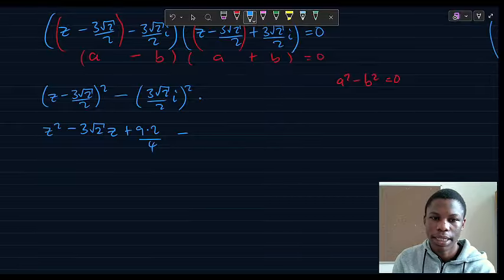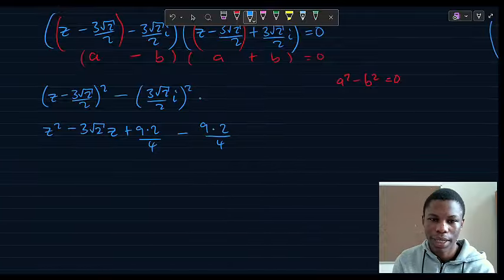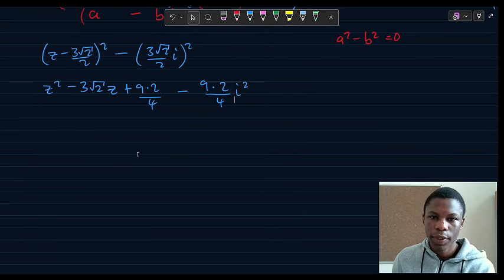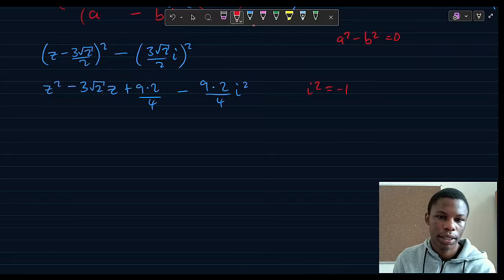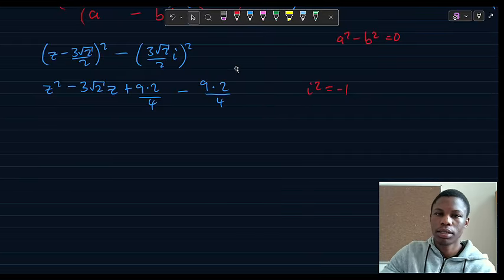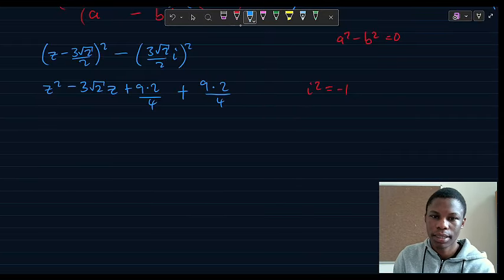Minus, and then here we're going to do something similar. So square the 3, it becomes a 9. Square the root 2, it becomes a 2. Square the 2, it becomes a 4. Square the i, it becomes i squared. Okay. And keep in mind that i squared is negative 1. So I can write this as plus 9 times 2 over 4.